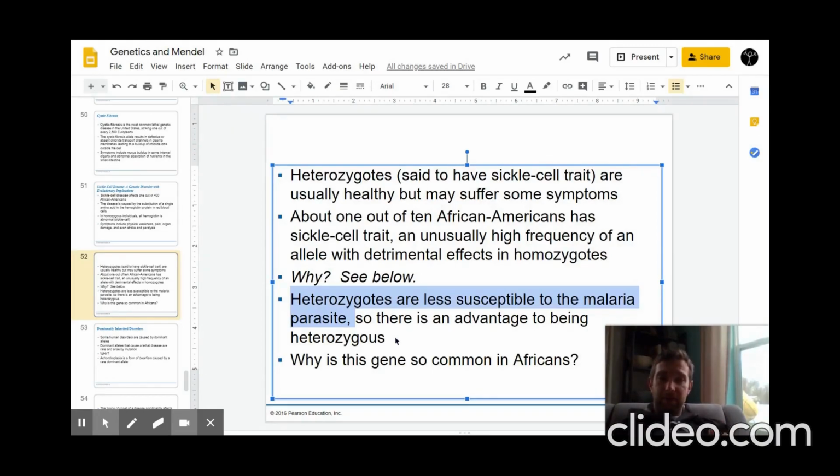Something about their change in shape of the hemoglobin protein allows malaria to be eliminated from the bloodstream. And malaria is carried by the Aedes aegypti mosquito. So mosquitoes carry this guy and distribute it among people. So why is this gene so common in Africans?